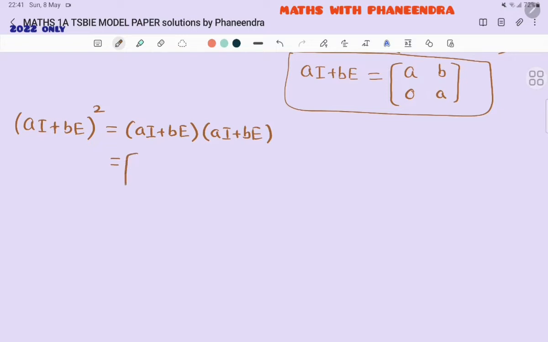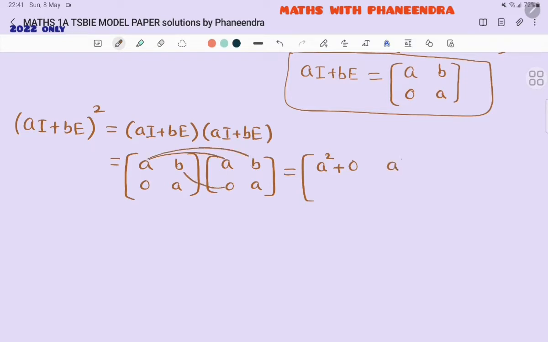Which is equal to AB 0A times AB 0A. So actual multiplication: A into A, A square, plus 0 into B; 0, A into B, AB, plus B into A, AB.